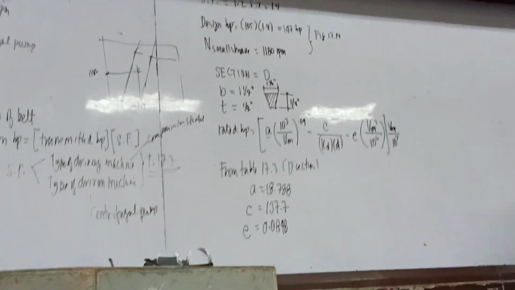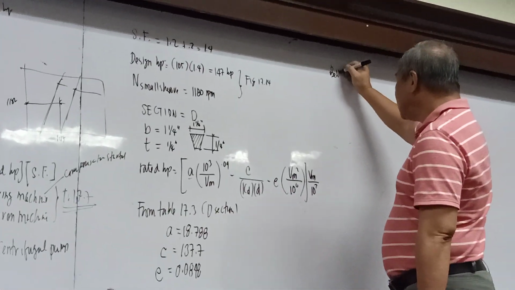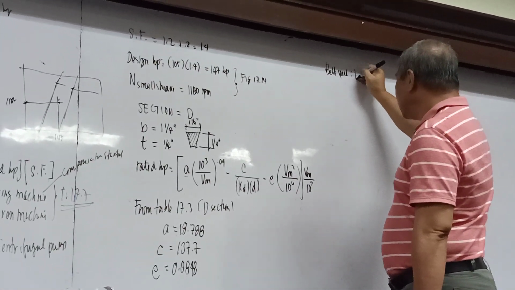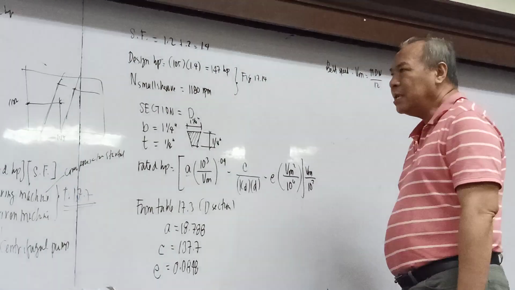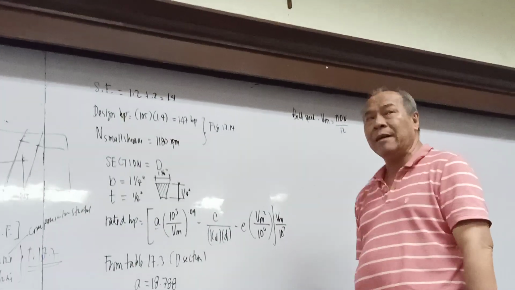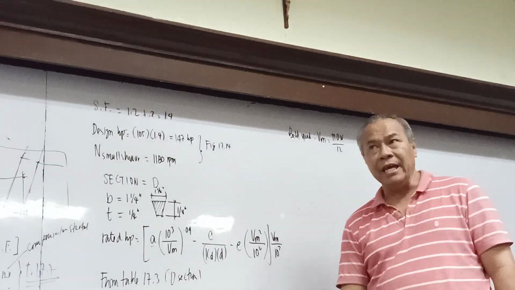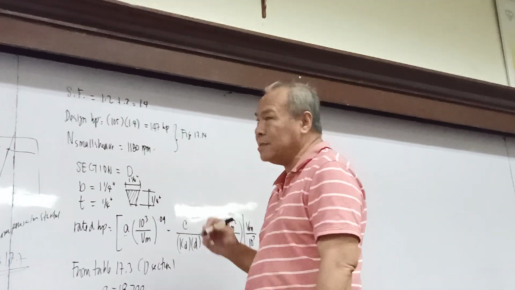Now let's determine the belt speed. The belt speed V_M is equivalent to pi D N over 12, where D is the diameter of the smaller shaft and N is the RPM of the smaller shaft. We know the RPM of the smaller shaft, N1, which is 1180 RPM.